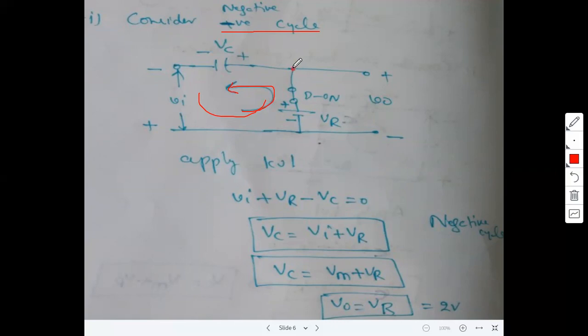Now what is the output in this case? With diode D short circuit, the output is nothing but the reference voltage Vr. During this negative cycle, what is the maximum peak of the negative cycle? Minus Vm. When the input is minus Vm, what is the output signal? The output signal is 2 volts, that is the reference voltage of 2 volts.